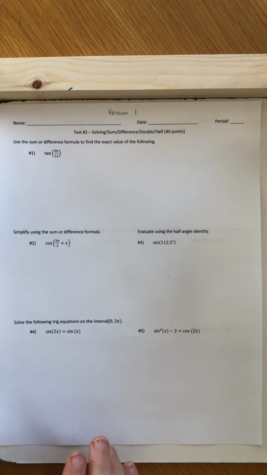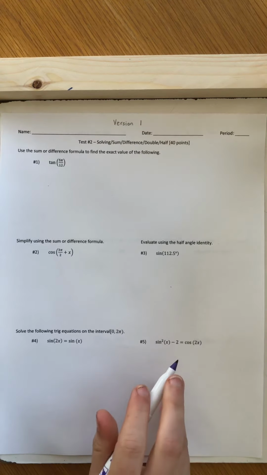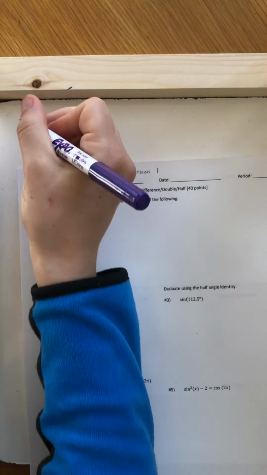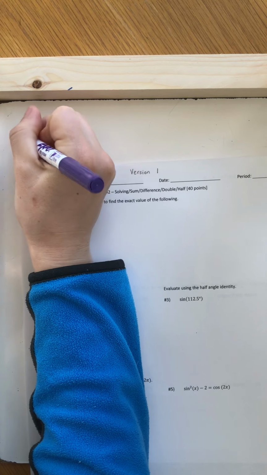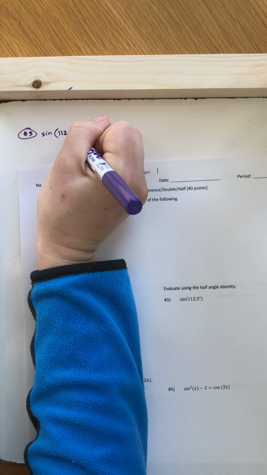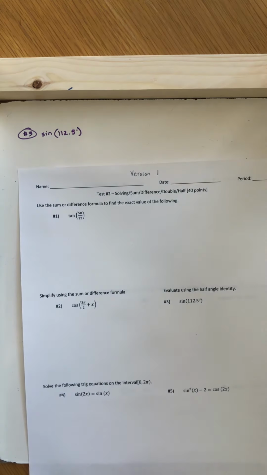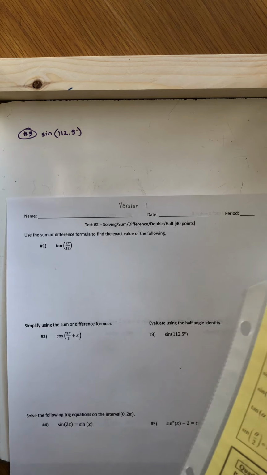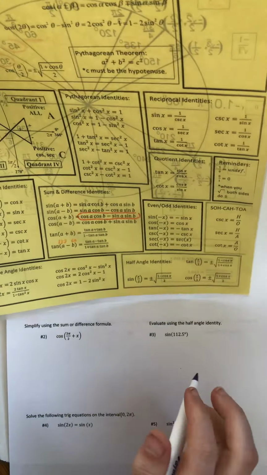Number 3 says evaluate using the half angle identity, and it's sine of 112.5. So the half angle identity for sine is this formula.